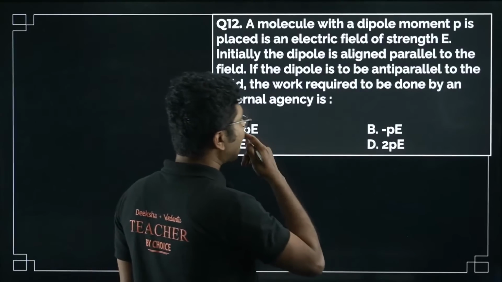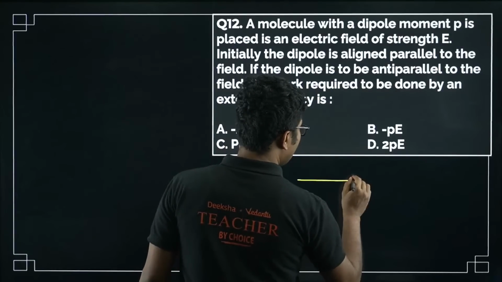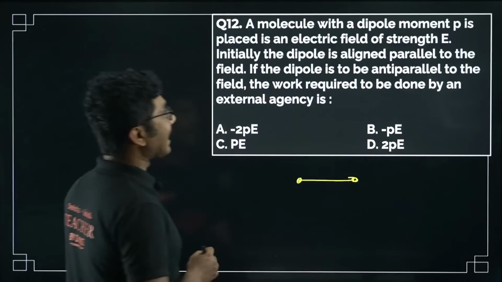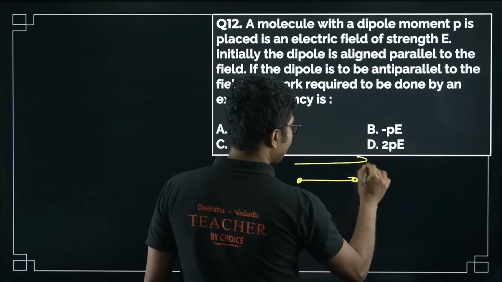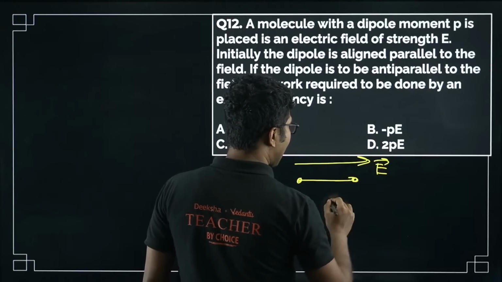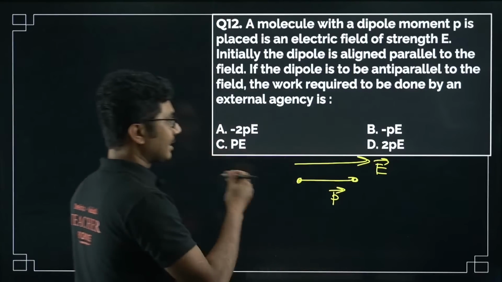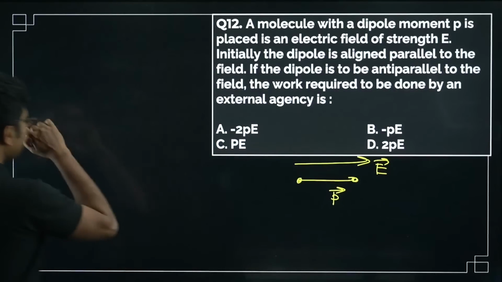So initially, the dipole was aligned parallel to the electric field. So electric field in this direction and dipole is also in this direction. If you make it anti-parallel, what is the initial potential energy?